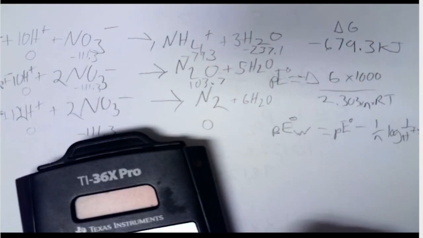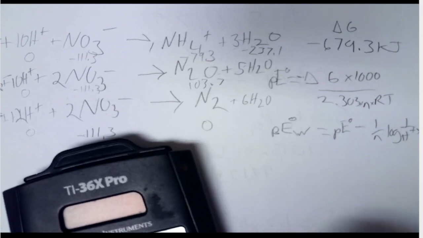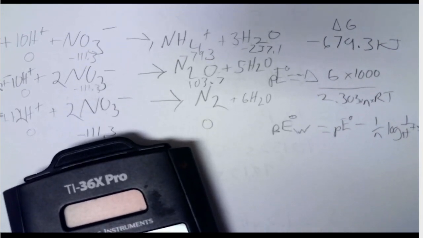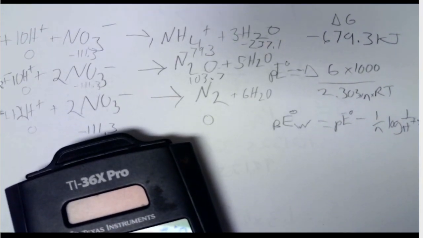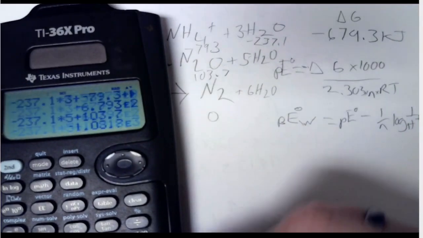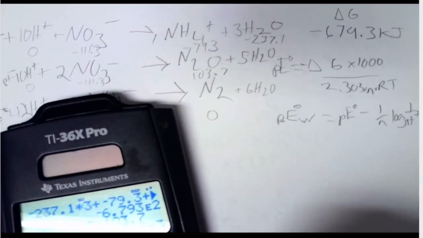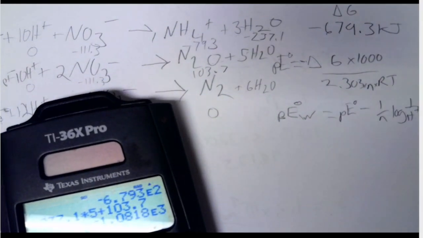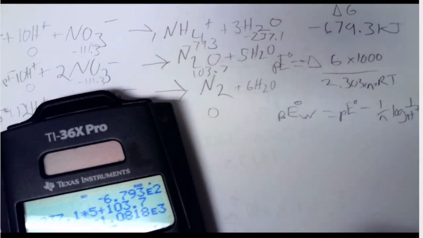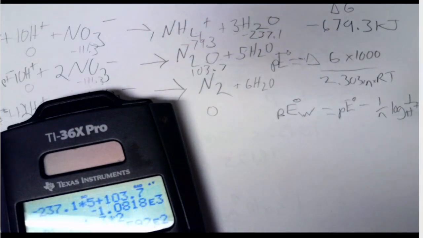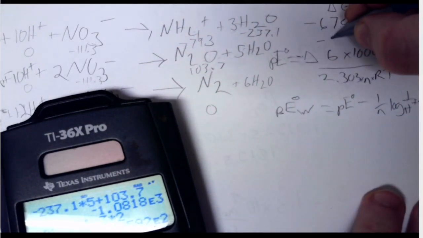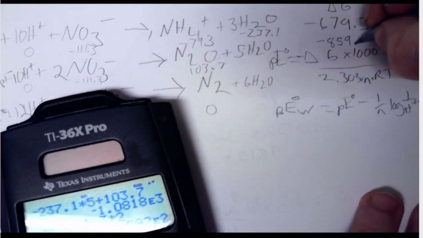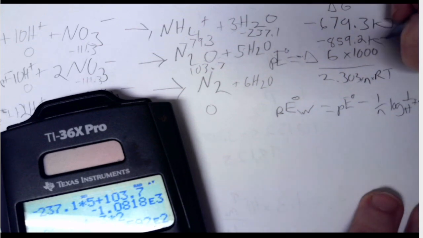Looking at the second reaction in the same way, negative 237.1 times 5 plus a positive 103.7, then minus a negative 111.3 doubled because there are 2 nitrates. And that would be negative 859.2 kilojoules.